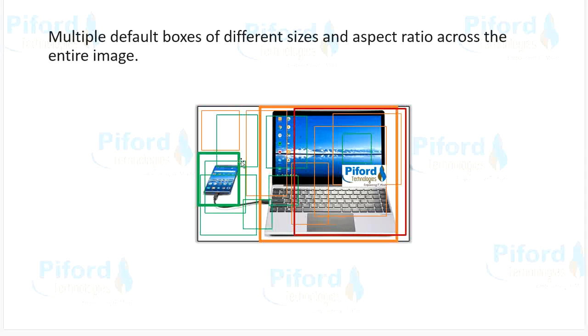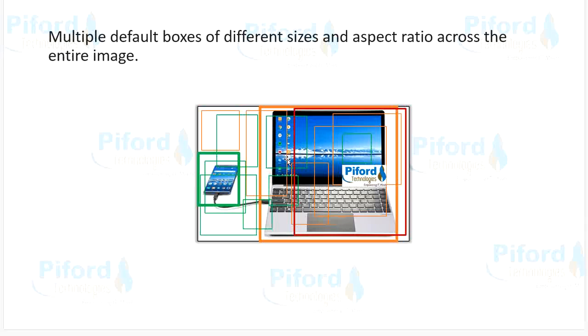But apart from these two ground truth boxes, we are having other boxes as well. The convolutional layers will check the boxes of different aspect ratios. These big boxes are of different sizes and different aspect ratios.